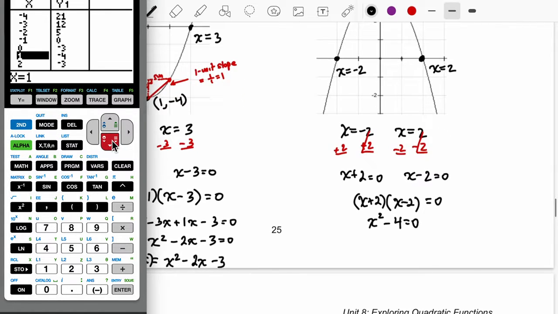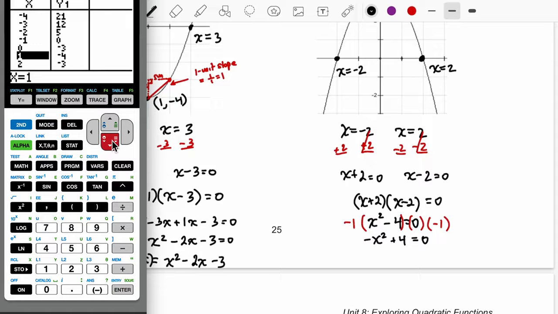All right. So at this point, what I would do is multiply both sides of the equation by a -1. So I'll get -x squared plus 4 equals 0. I'm multiplying by a -1 because that's my 1 unit slope.